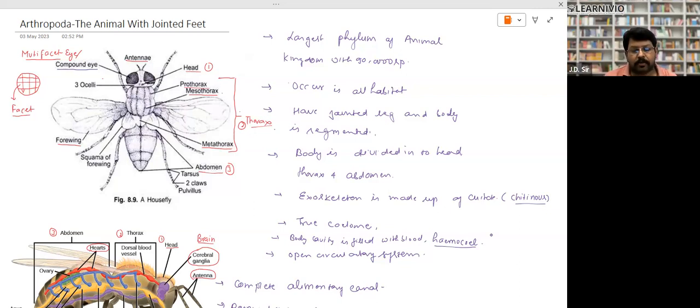Tell me what is the open circulatory system, both of you. Basically, in the open circulatory system, the blood does not flow in arteries and veins.